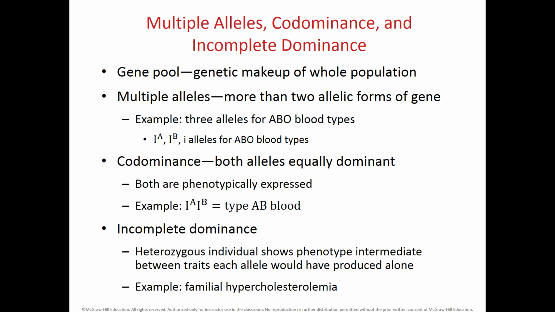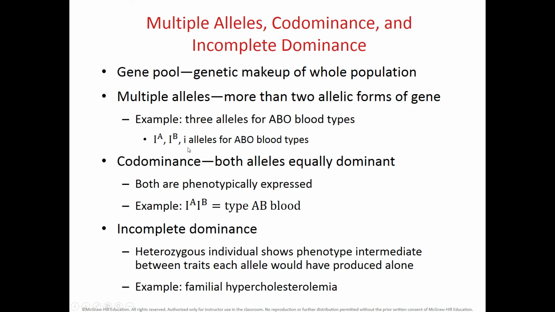We have the example of 3 alleles for the ABO blood types. So if someone has IA and IB, the person will have codominance. Like in this case, the person will have AB blood.